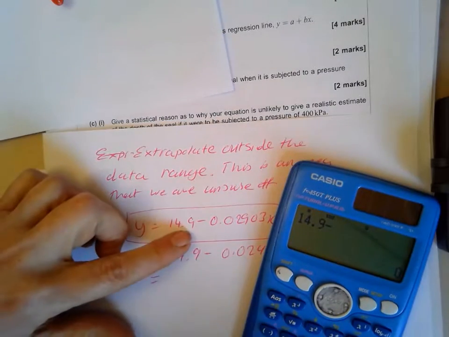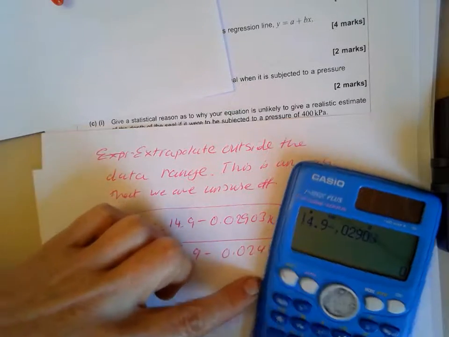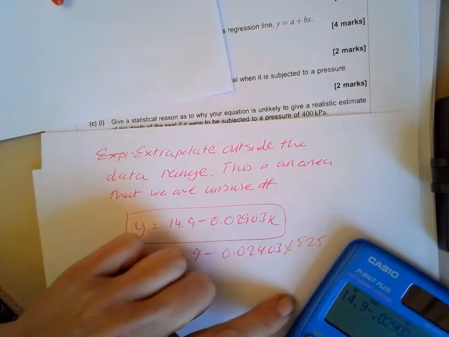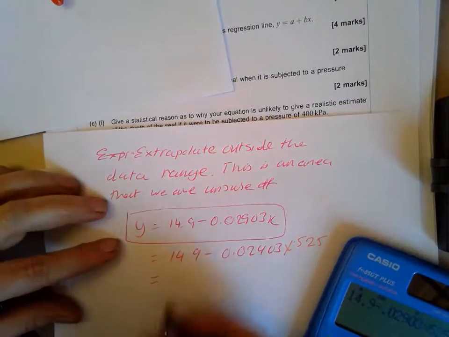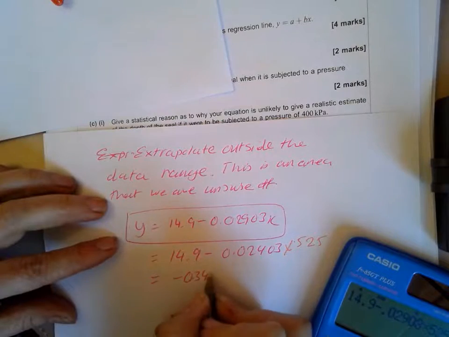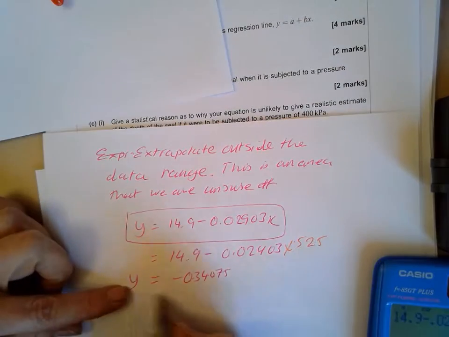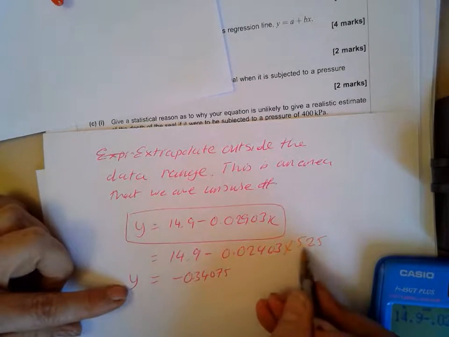So 14.9 minus 0.02903 times 525. Okay, it's going to be negative 0.34. Okay, so y is going to be that much for 525.